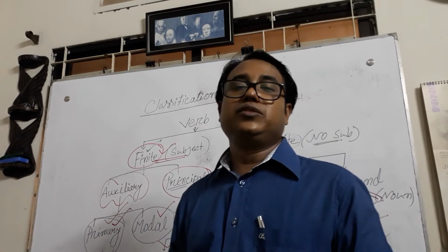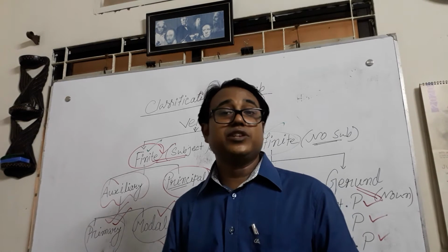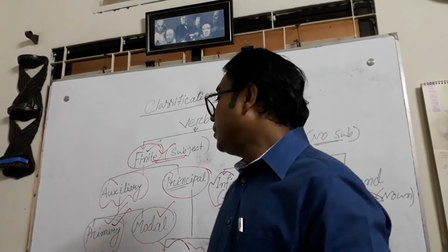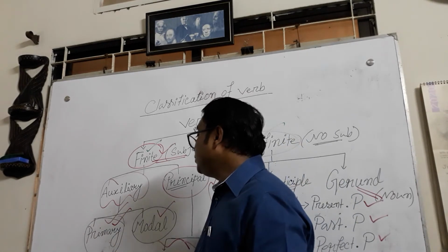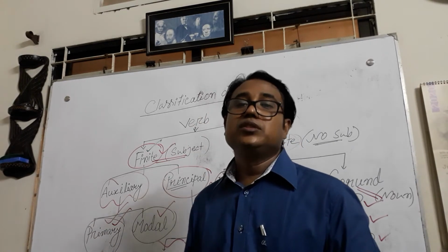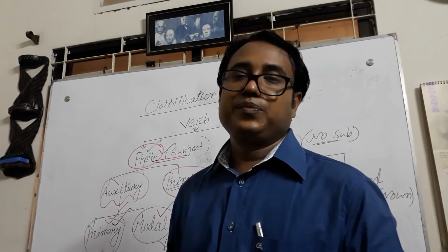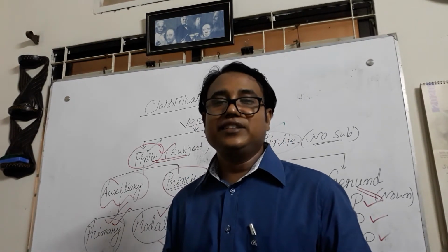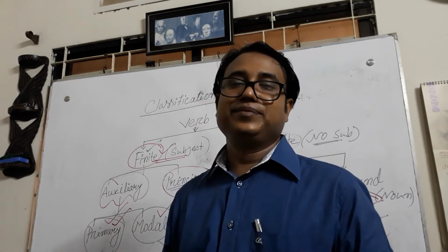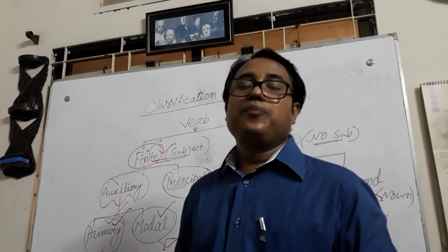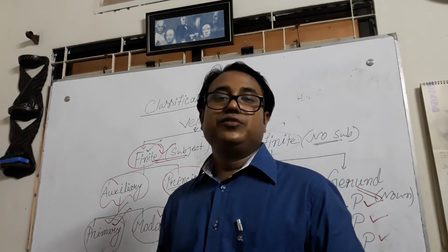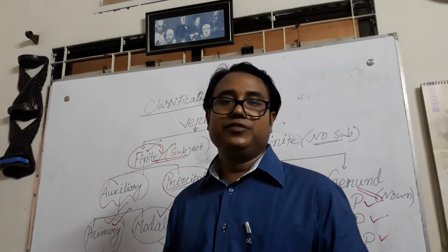Now we will try to know the classification of auxiliary verbs. Have a look. Auxiliary verb is divided into two types, that is primary auxiliary and modal auxiliary. Primary auxiliaries are be verb, do verb and have verb.